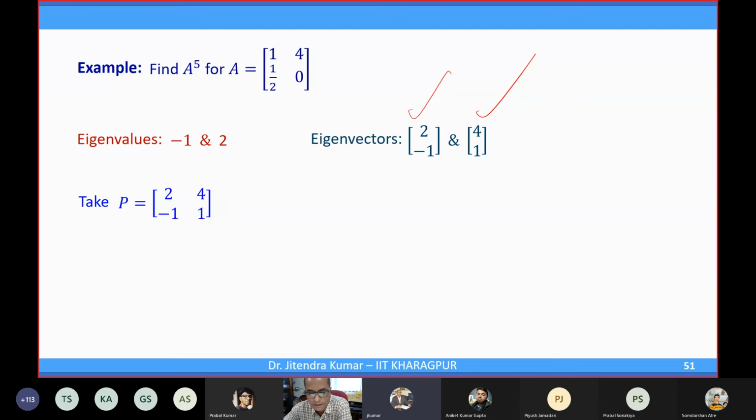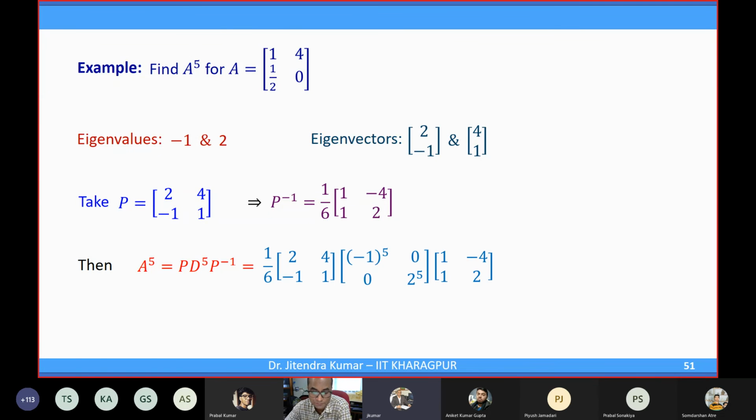So if you take this (2, -1) and (4, 1) as the column elements of P, then P inverse you can compute, and A power 5 will be P D power 5 P inverse.